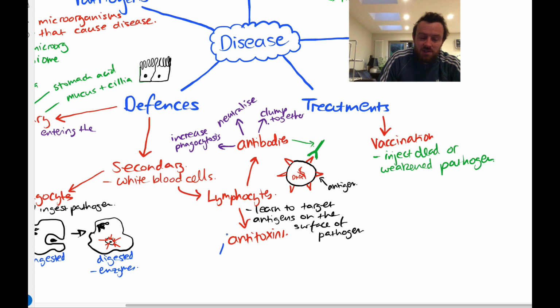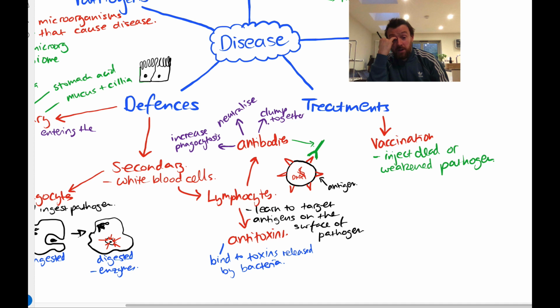Antitoxins are basically the same as antibodies, but they bind to toxins released by bacteria. Again, they can neutralize those toxins or mark them for digestion. So vaccination, inject dead or weakened pathogens, trains the white blood cells to produce antibodies. I'll write WBC for white blood cells, then produce antibodies.